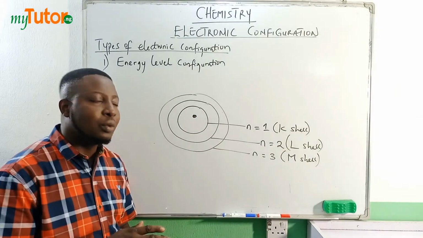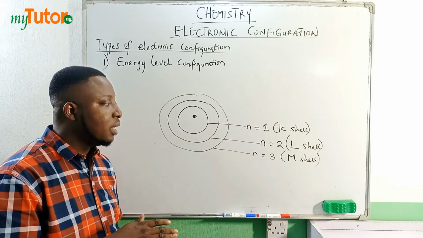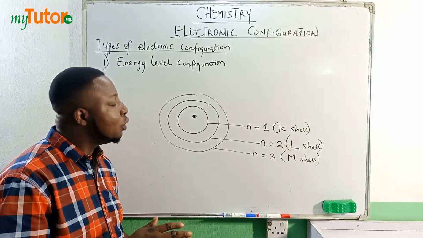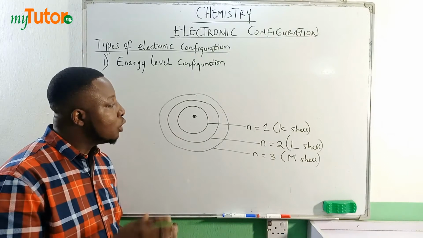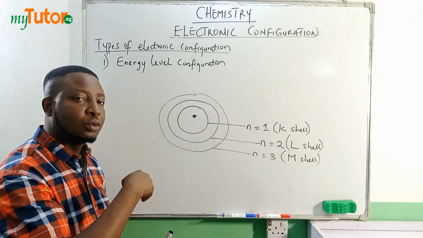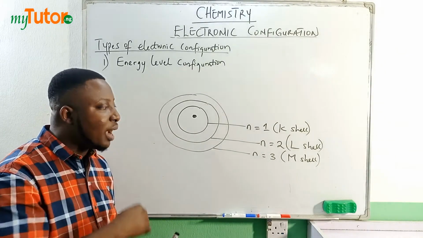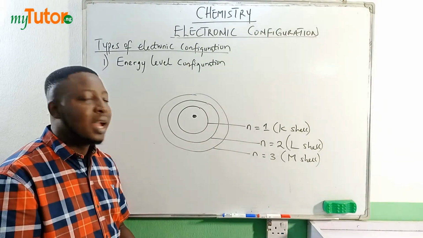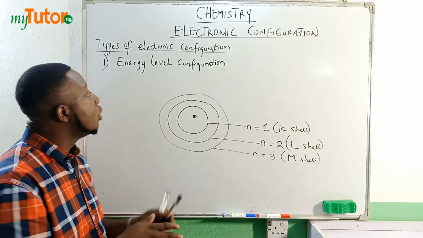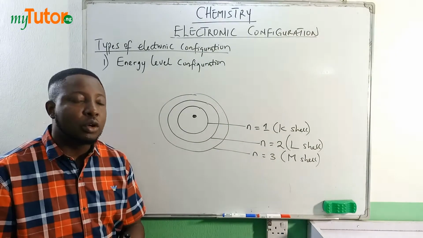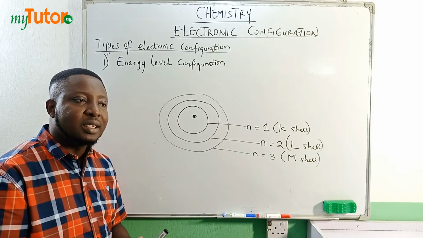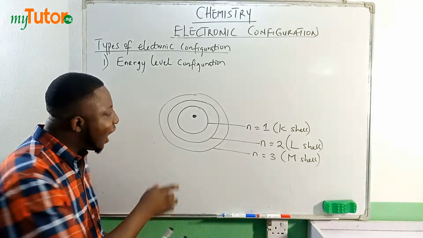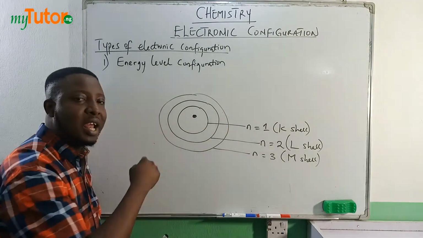This is how the energy level of an atom is designated, with a principal quantum number. This will keep going on. The fourth energy level will have the principal quantum number n equal to 4, and is called the N shell.